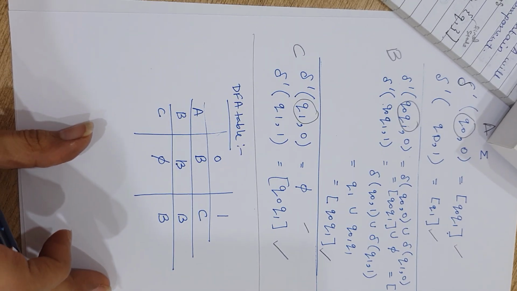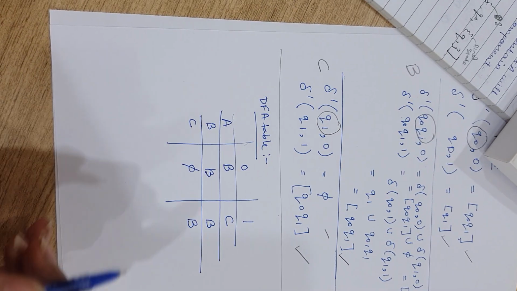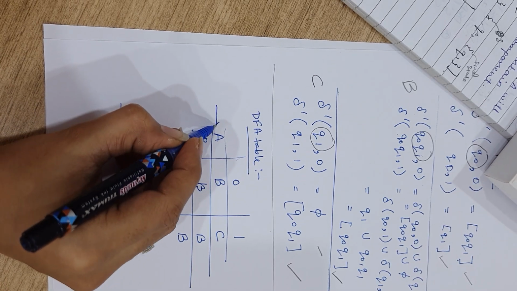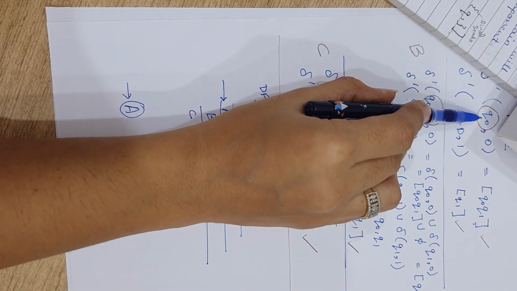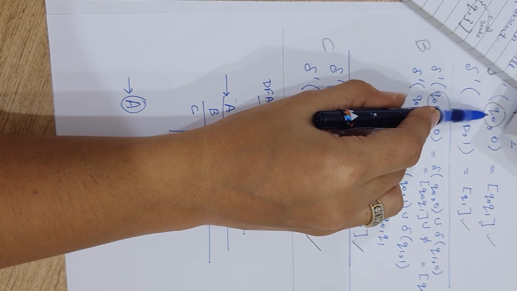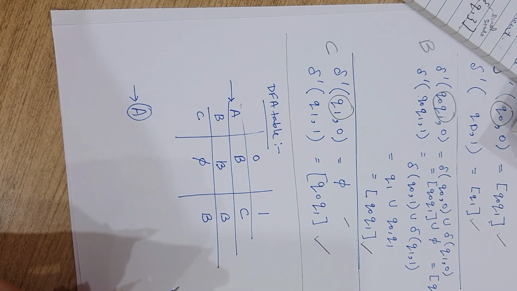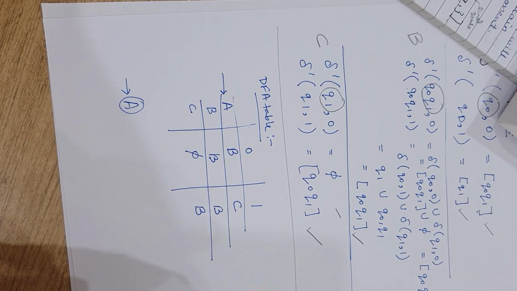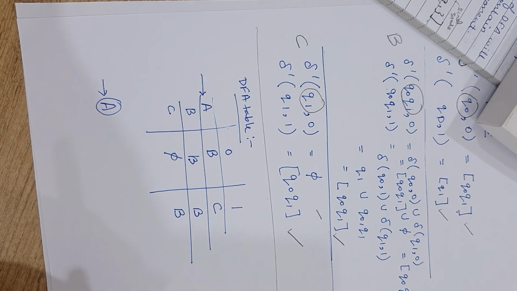So this is the final output which you should get. This is in the form of a table. You can also draw the diagram. So A is my initial state. How do you define the initial state? We have already told that Q0 is the initial state. Now how to find the final state? All those states which contain the final state of NFA will be the final state in the DFA.